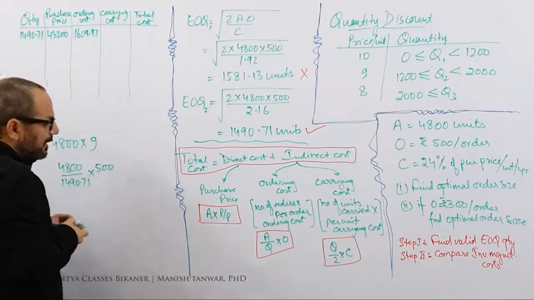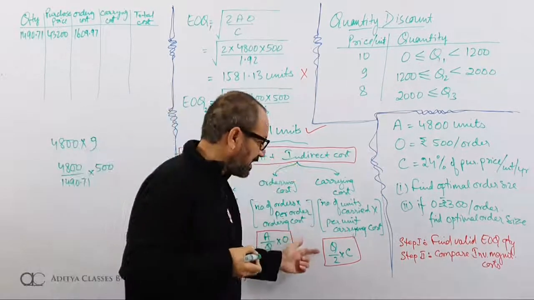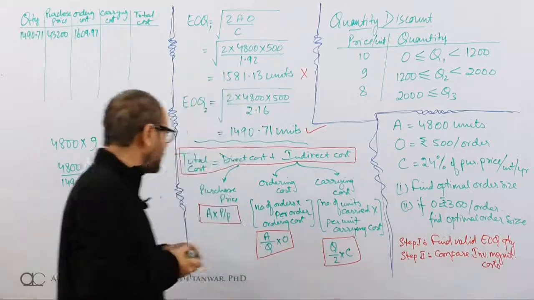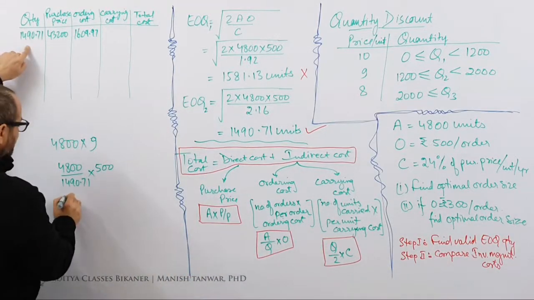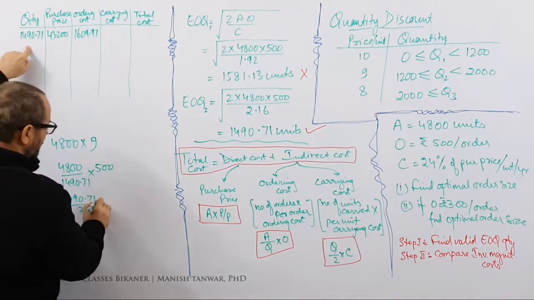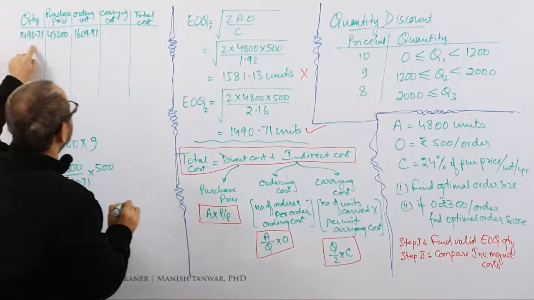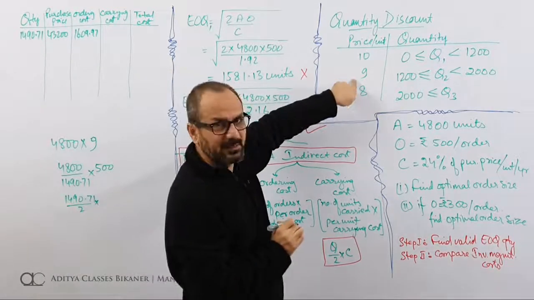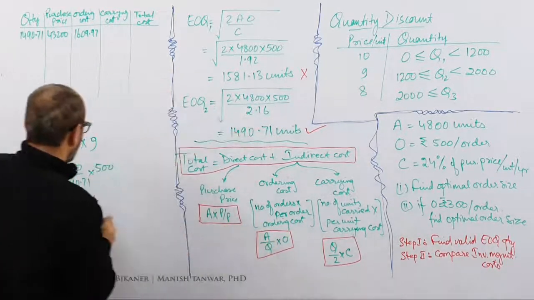And then what about carrying cost? It is half of the quantity ordered multiplied by the carrying cost. The ordered quantity this time is 1490.71, half of it, multiplied by the carrying cost. What is the carrying cost in this case? When the applicable rate is 9 rupees, carrying cost becomes 2.16.